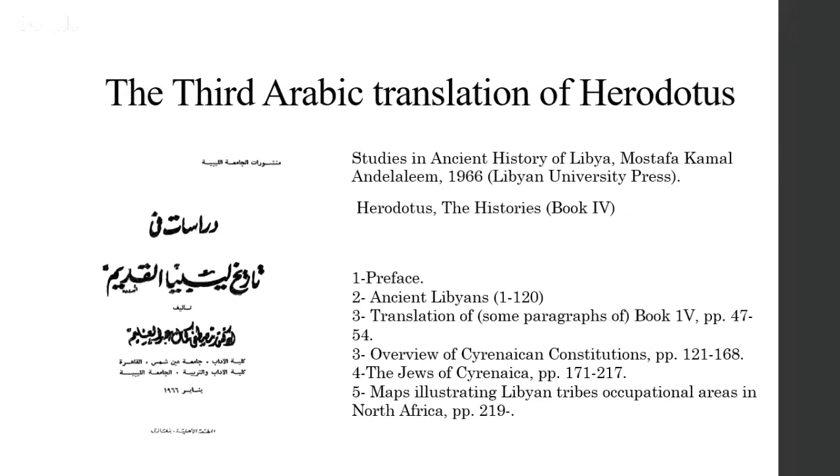The third Arabic translation was done in Libya by an Egyptian historian who was teaching there in the Libyan university. He chose a very specific part of Herodotus' Histories, which is book number 4, and you could imagine that this is the part which deals with Libya and North Africa.